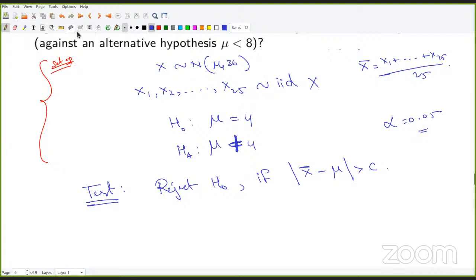So the region will be like this. Let's say this is mu.